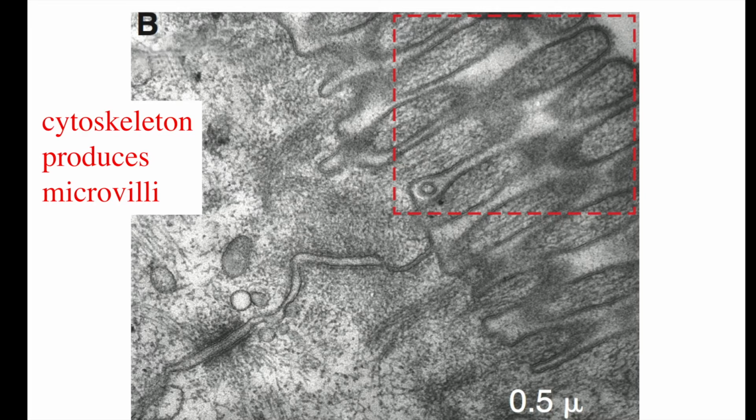And some cells have to transport a lot of material across their membranes. Here's an example of a cell that lines your gut, and it has a very wavy membrane. What that very wavy membrane does is it provides a lot of surface, and that surface is used to transport things across your gut, like things that you would eat, into cells.